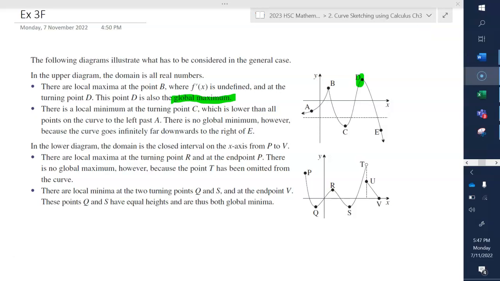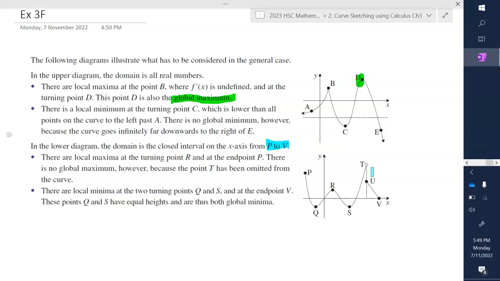Okay, let's have a look at the second diagram down here. Our second diagram has a restricted domain. So our domain is given from P to V. So we're from P and we're going down to V. The graph doesn't continue down here. It doesn't continue there. So there are endpoints.